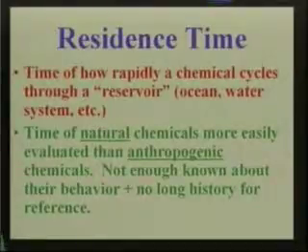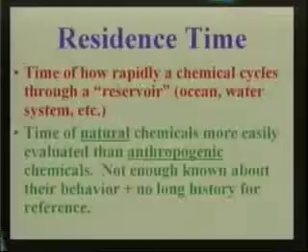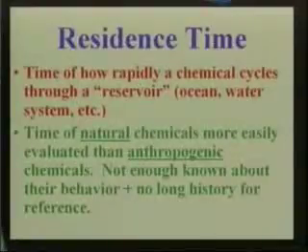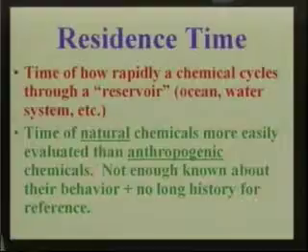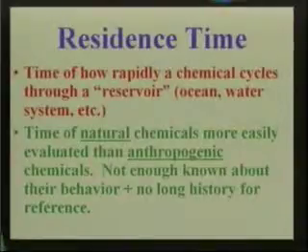Now if we look at natural chemicals, geochemicals that have been here since the beginning of the earth, and how nature has cycled them through the system, the residence time of natural chemicals is more easily evaluated through these reservoirs than chemicals we've put in.